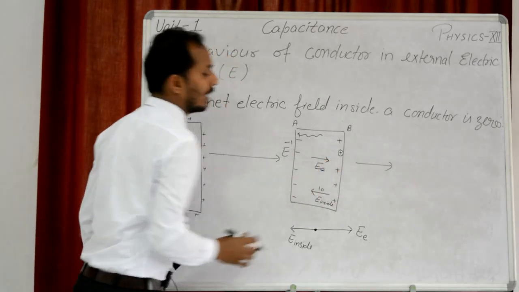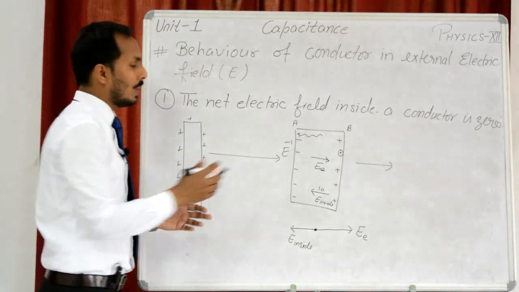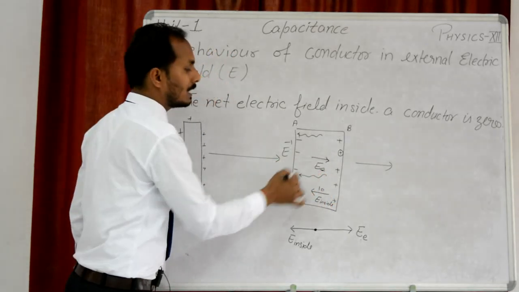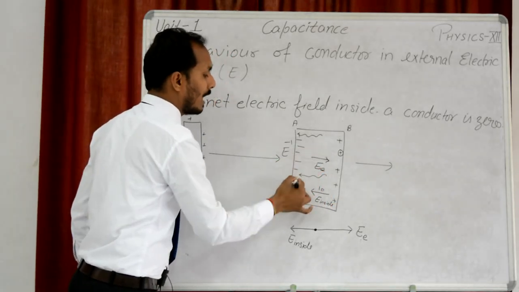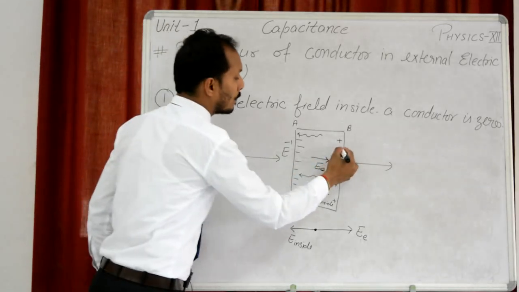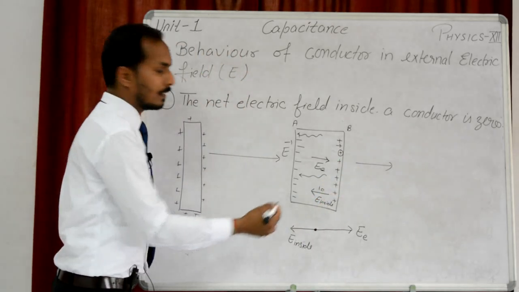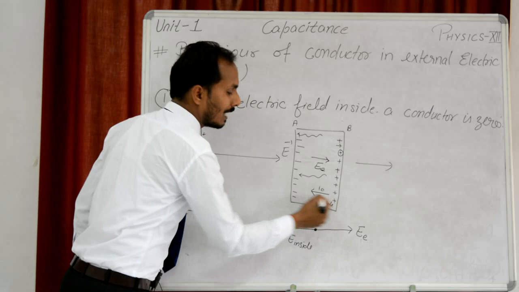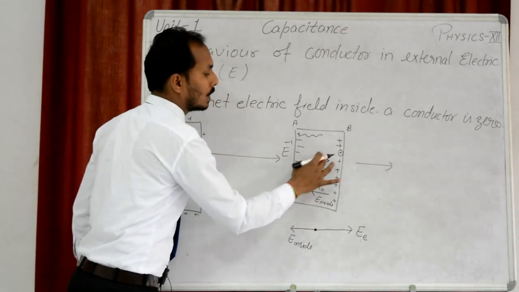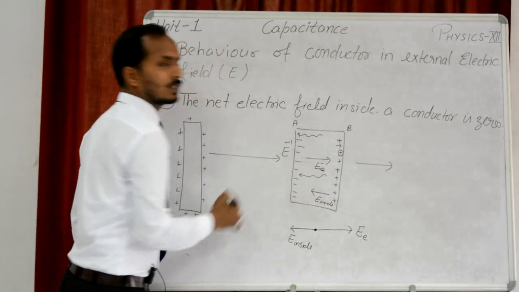It means the electric field is reduced. This process continues because the electric field drives the negative electrons in this direction, so more electrons accumulate at surface A and more positive charge at surface B. Again the induced electric field inside the conductor increases, and this continues until it becomes equal to the external electric field.